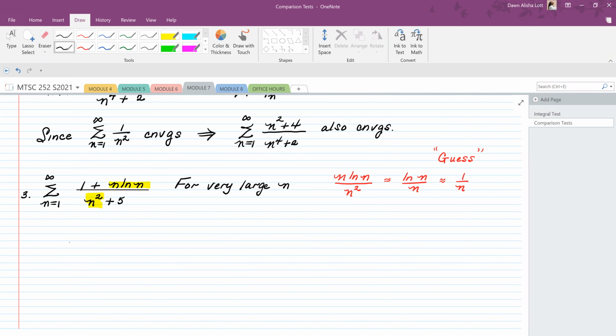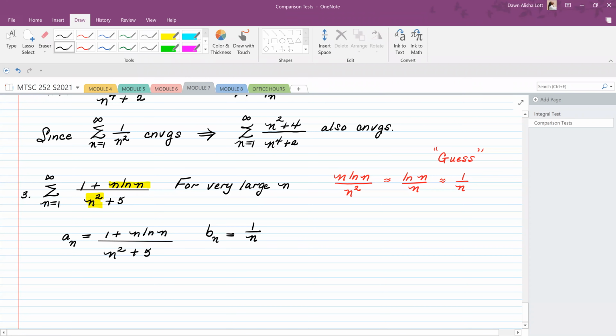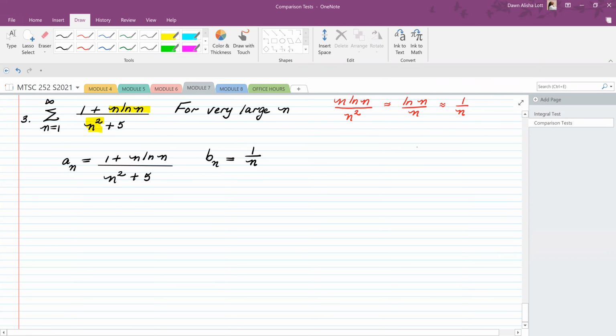So I'm going to let a_n be 1 plus n natural log of n divided by n squared plus 5, and I'm going to let b_n be 1 over n. Now I'm going to do the limit as n approaches infinity of a_n over b_n.